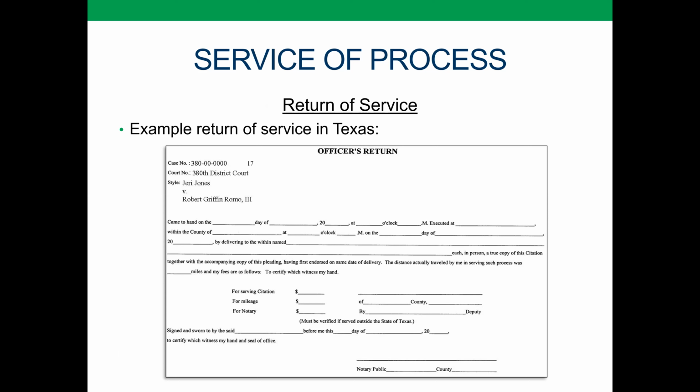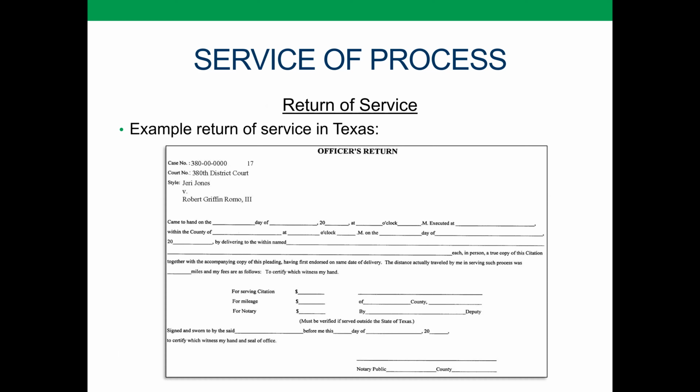And then it says "executed at." Now this is where the process server actually delivered the suit papers to the defendant. And there would be an address, the county name, the time, and so forth, identifying to whom the papers were given, and that sort of detail.